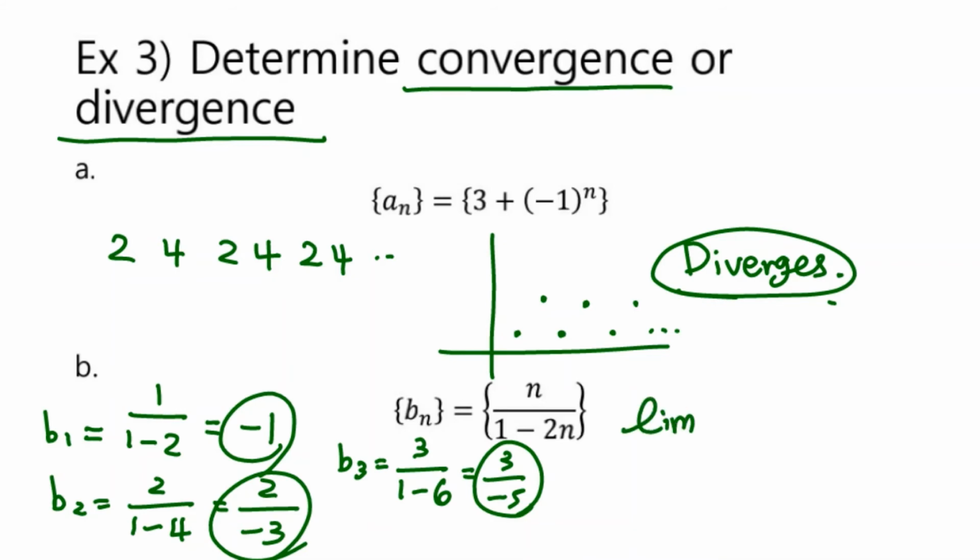We're going to take a limit as n goes to infinity of n over 1 minus 2n. So n is getting larger and larger, so it's going to be infinitely large. The denominator is 1 minus 2 infinity, so we have infinity over infinity.